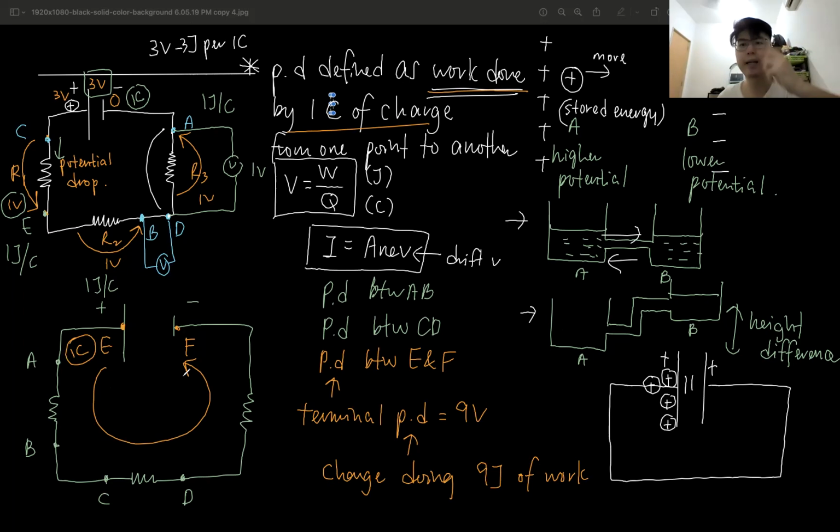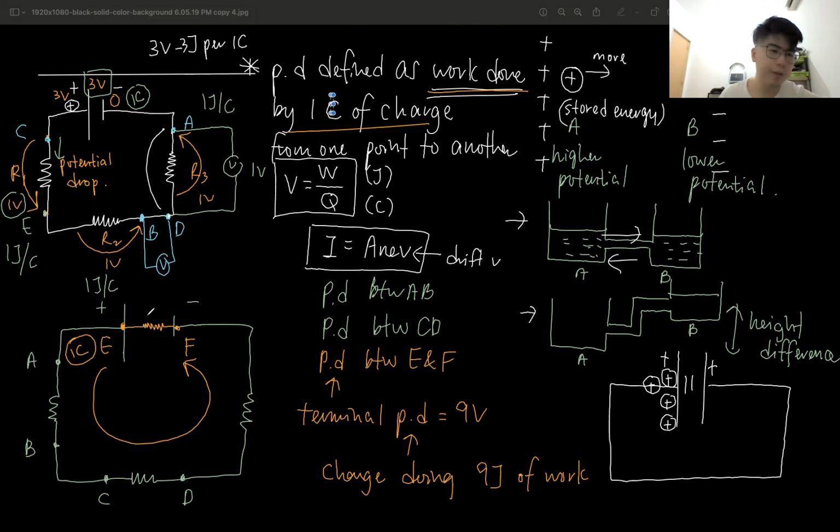What about a full cycle? This is just from terminal to terminal. What if the charge moves 1 complete cycle? This is not a full cycle yet because we cannot see what's inside the battery. There is still a small distance inside the battery, where the charge moves from negative to positive in the internal circuit.